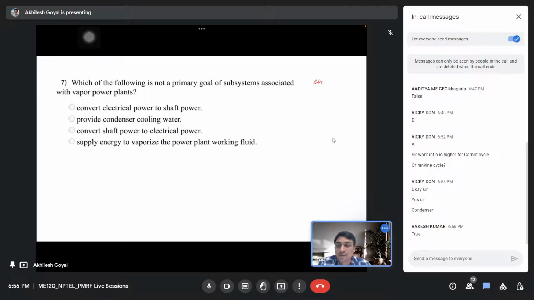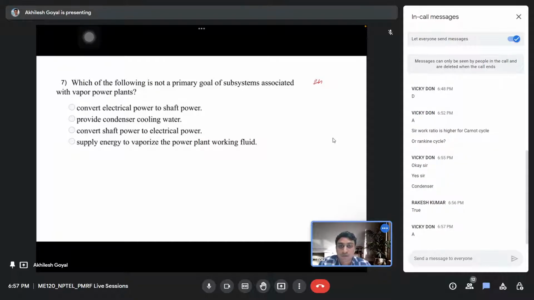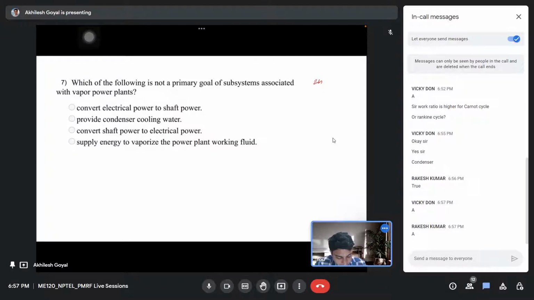The next question is, which of the following is not a primary goal of subsystems associated with vapor power plants? As we discussed in the initial few slides, apart from the main cycle, the others are the subsystems. So what is not a primary goal of a subsystem?